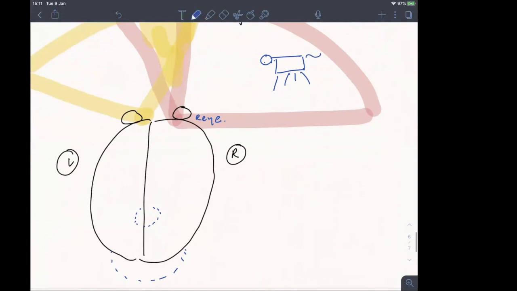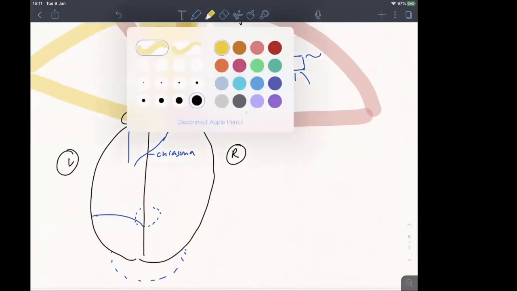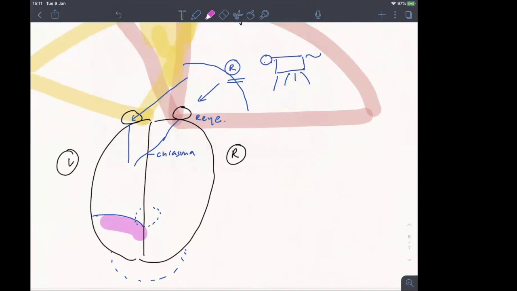Now, all the images from your right field of vision will enter your right eye, and some of it will enter your left eye. And you may know about the optic nerve and how the optic nerve crosses at the optic chiasma. And all the images from the right field of vision will enter ultimately into your left occipital lobe.